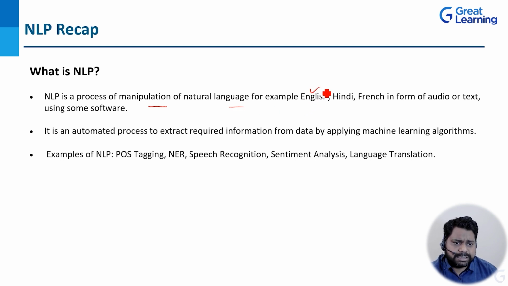Human language, that is English, Hindi, French, Tamil, Kannada, Russian, or any other language, in the form of either audio or text, using some software or tools. So it is an automated process to extract required information from the data by applying machine learning operations.